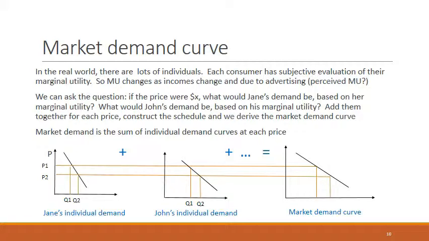In reality, there are lots of people like Jane. There's me, all of you guys who are watching this presentation, plus Jane, plus others. There are lots of individuals. Every consumer has a different or subjective evaluation of the marginal utility of a plate of chips or a chicken sandwich. Jane's marginal utility, for example, might change as her income changes.